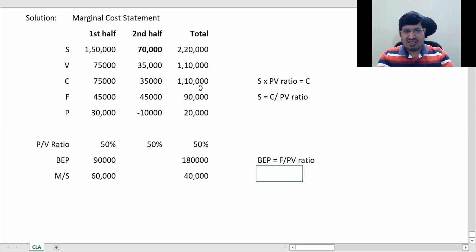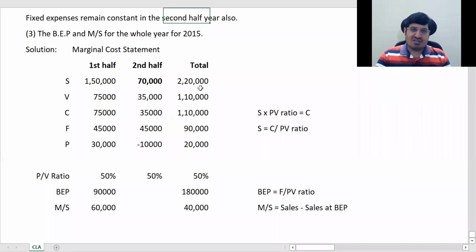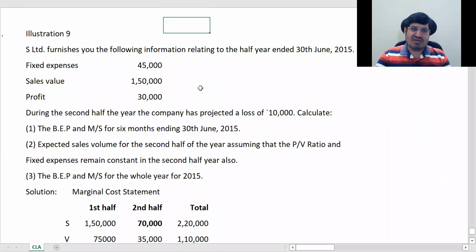Okay, understood? This is the second problem.